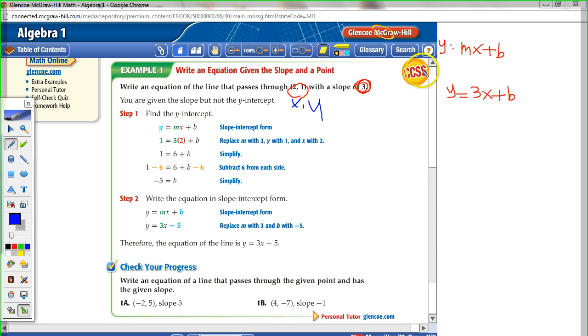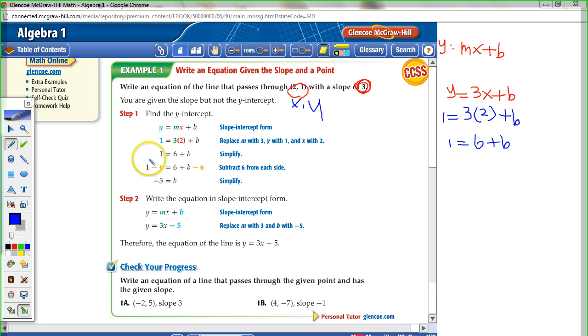So instead of my y here, I'm going to put in the 1 that they gave us. Instead of my x, I'm going to put in the 2 that they provided us, and then solve for b. So 1 equals 3 times 2 is 6 plus b.